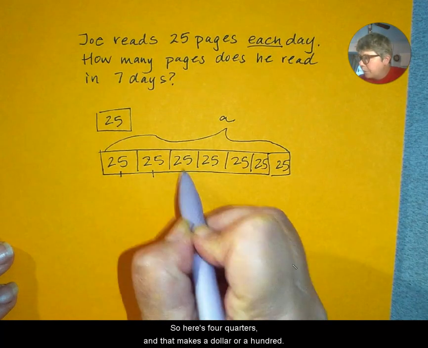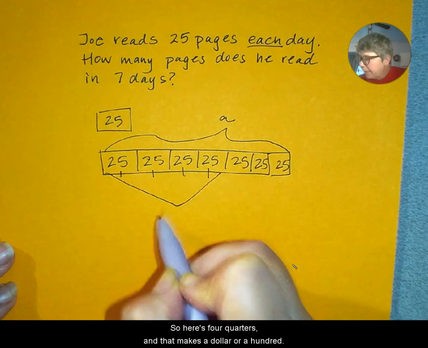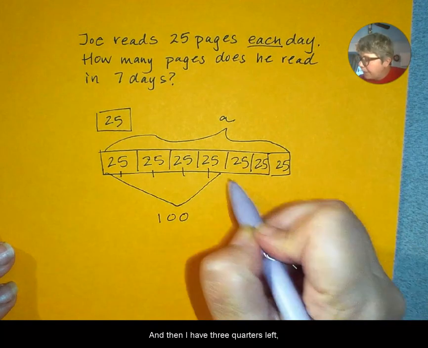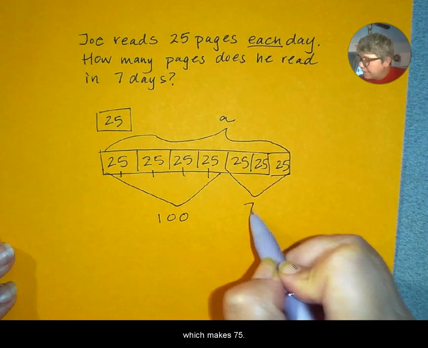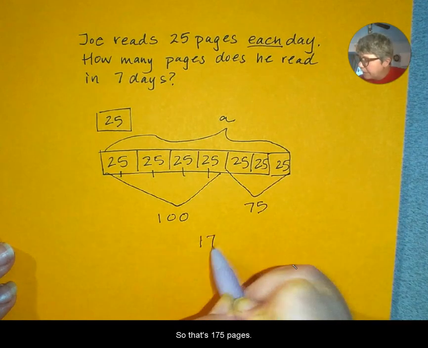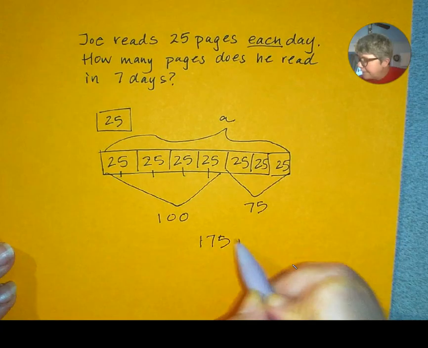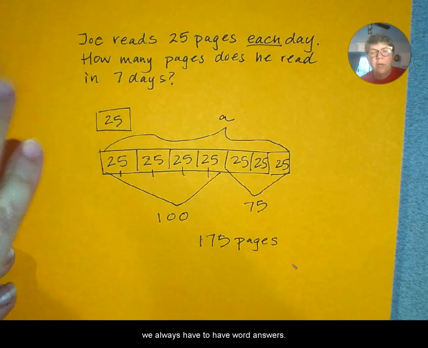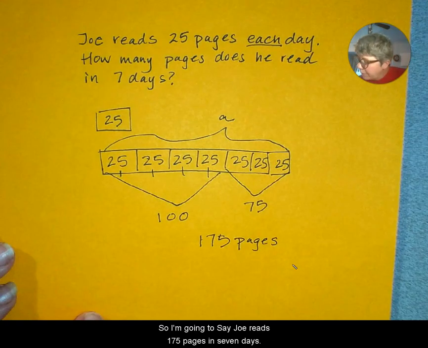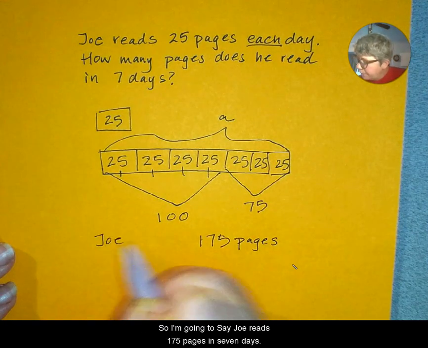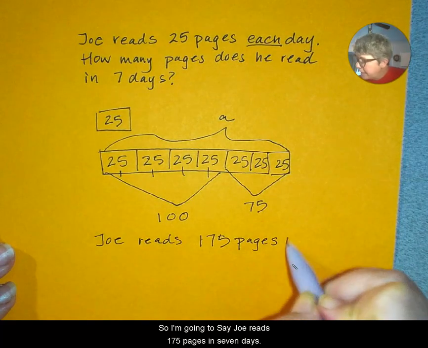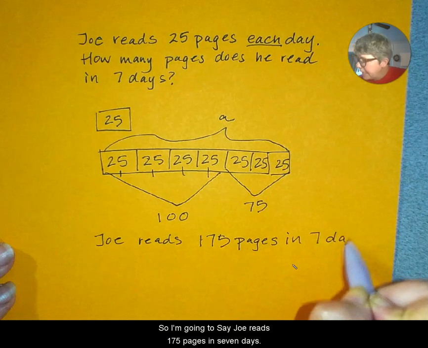So here's 4 quarters. And that makes $1 or 100. And then I have 3 quarters left, which makes 75. So that's 175 pages. And whenever we have a word problem, we always have to have word answers. So I'm going to say Joe reads 175 pages in 7 days.